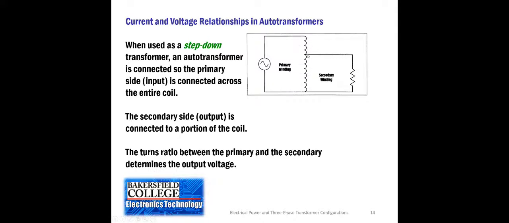The whole entire coil is considered the primary, but the secondary is a portion of that coil. The part between the two connections on the secondary is considered the secondary winding, and the whole thing is considered the primary winding.